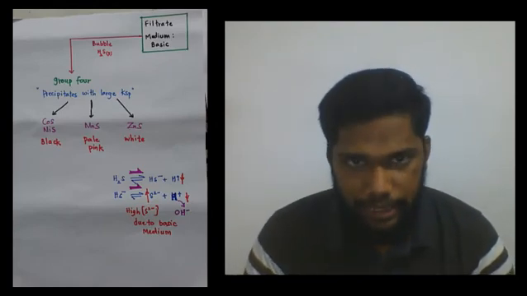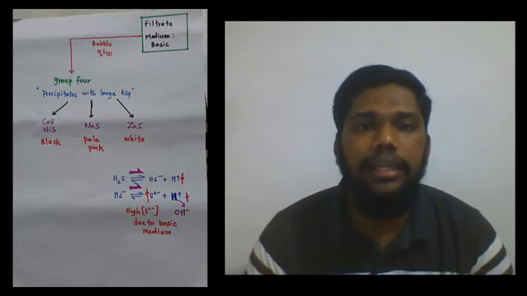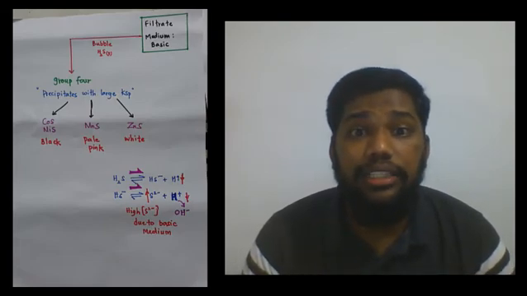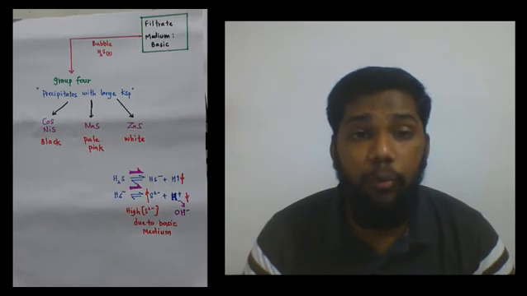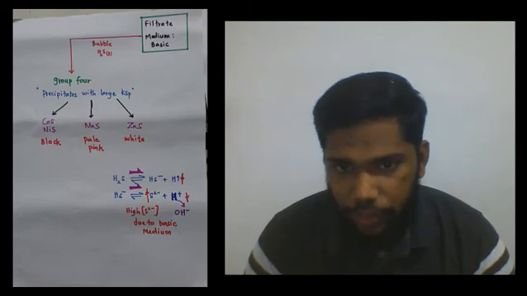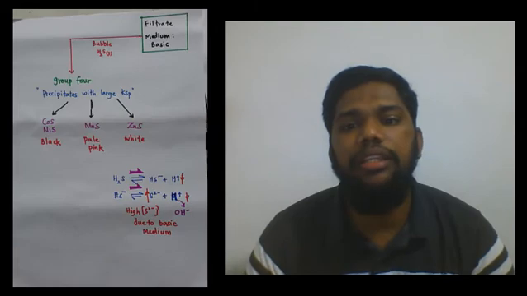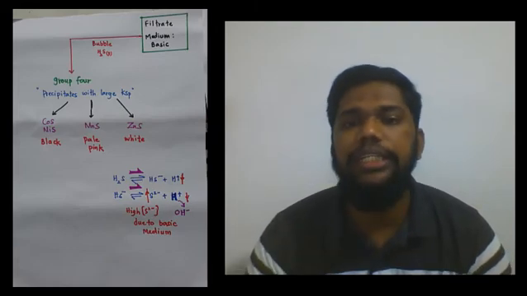Now it is basic in medium, and now we add H2S, and here precipitates with large Ksp values are precipitated. Why is that? According to the equilibrium reaction, now I have given you at the bottom, you can see you have OH minus in the medium, and this OH minus will remove H plus.